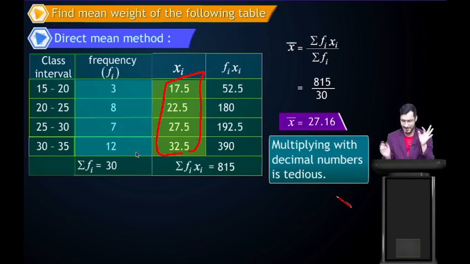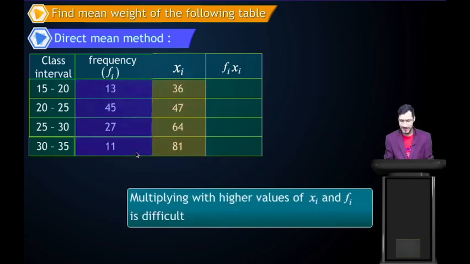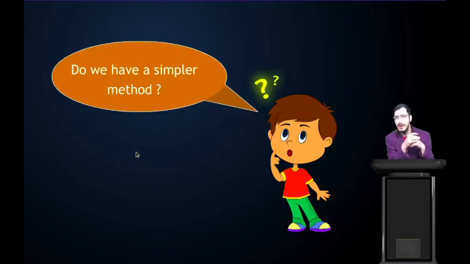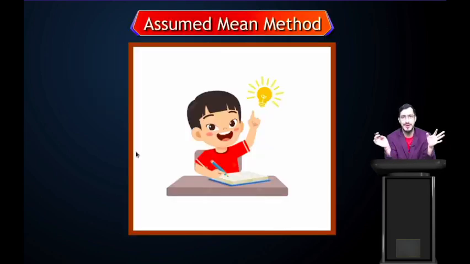You can see the decimal numbers here: 17.5, 22.5, 27.5. It is very difficult. Multiplying with higher values of xi and fi is also difficult. So do we have a simpler method? Yes, we have another method to find the mean, that is the assumed mean method.